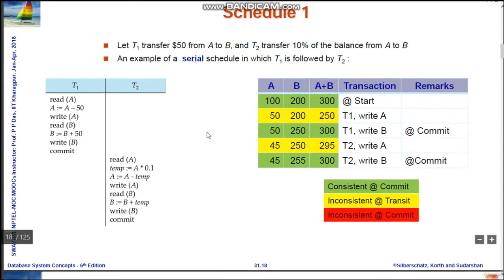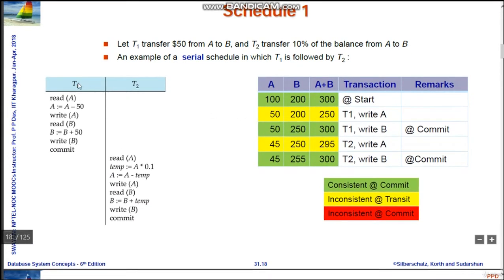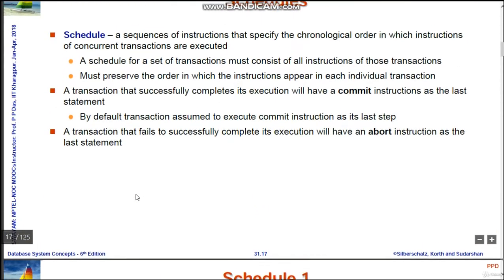You can see this is transaction 1, this is transaction 2, and the whole is the schedule. First T1 runs and commits, then at the time of completion of T1, T2 starts its journey and commits. That's a schedule.